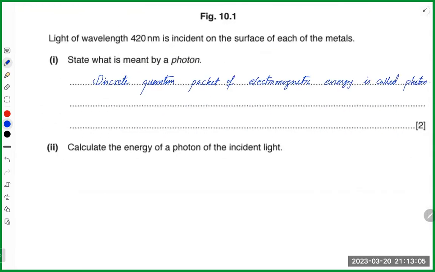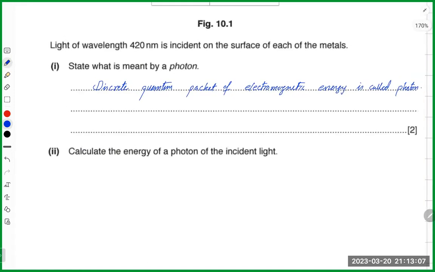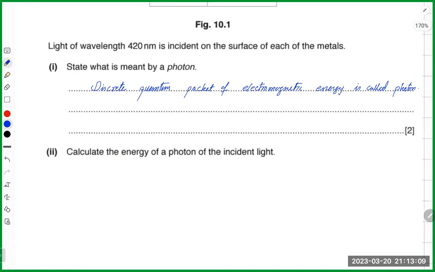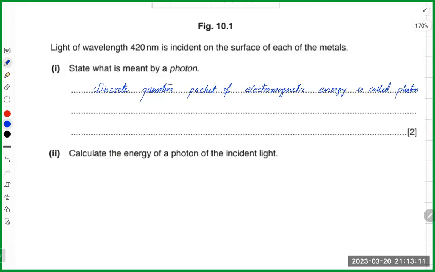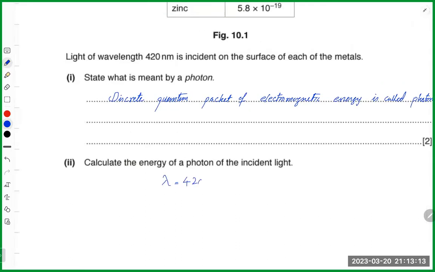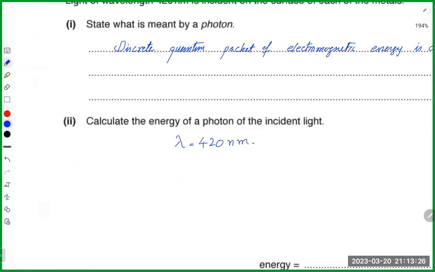Calculate energy of the photon incident. Can you calculate energy of photon if I give you that lambda equals 420 nanometer? Yes, sir. E is equal to hc over lambda.